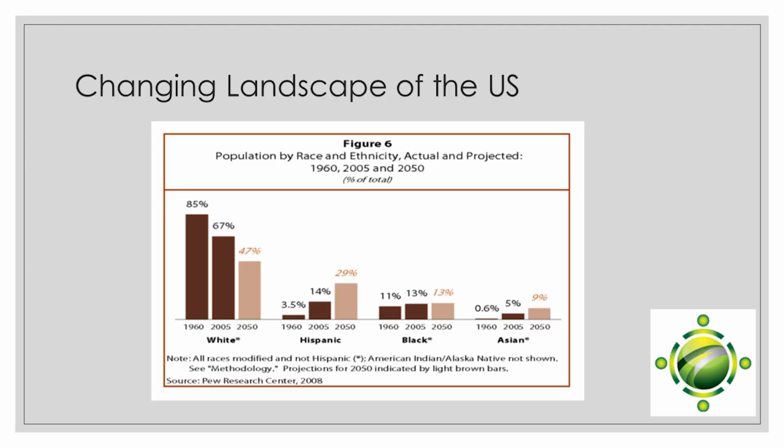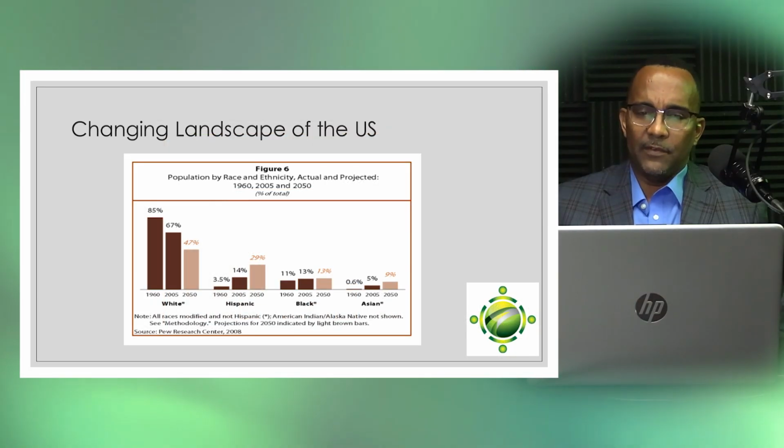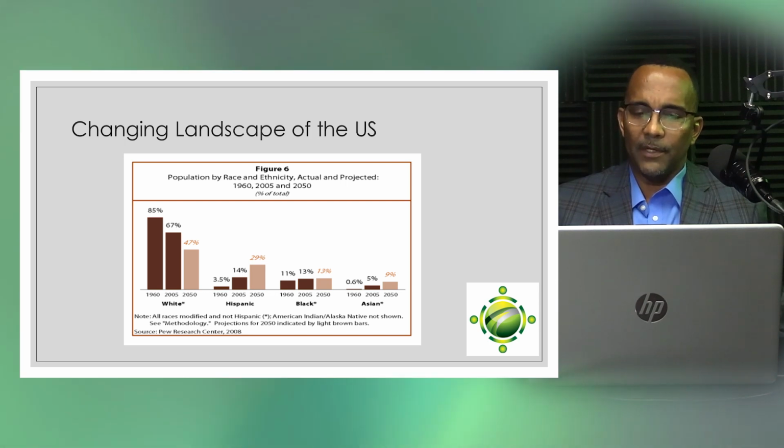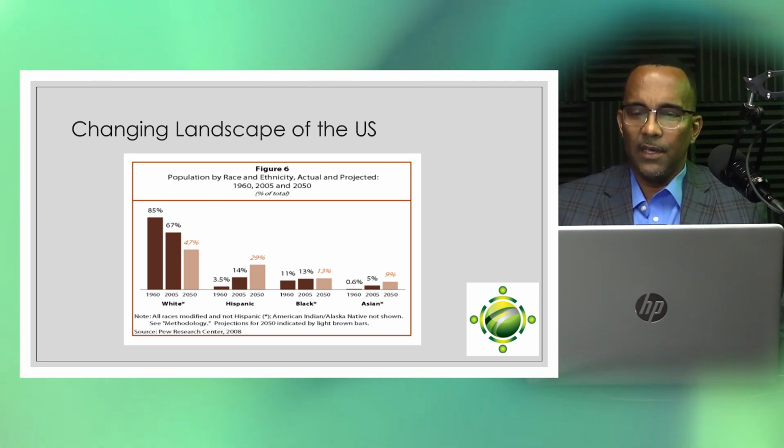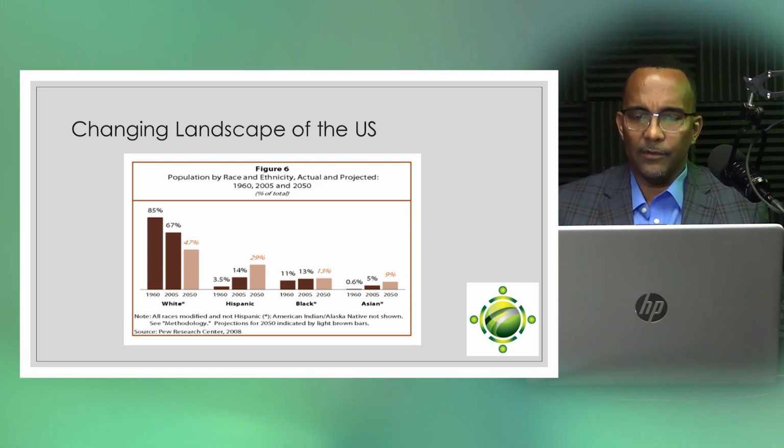Again, here's a comparison of the 1960, 2005, and 2050 population distribution. You can see how each of the ethnic groups are growing in population. The bar on the right shows the 2050 projections again.